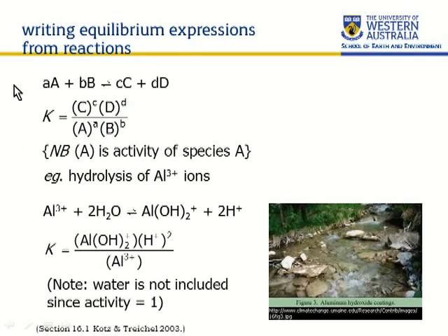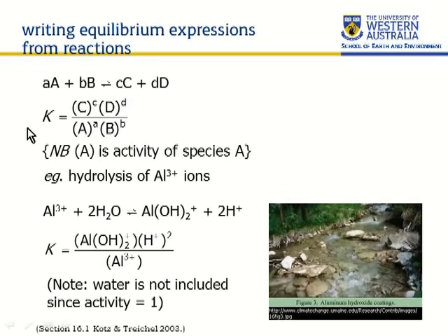So going back up to the top here, for a typical reaction where two reactants are in equilibrium with two products, the reactants A and B, and products C and D, and they each have a mole ratio associated with them, little a for reactant A, and so on.